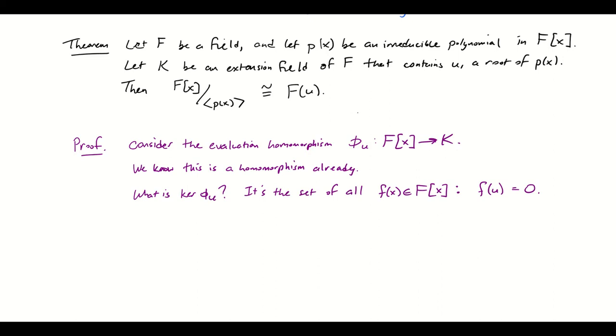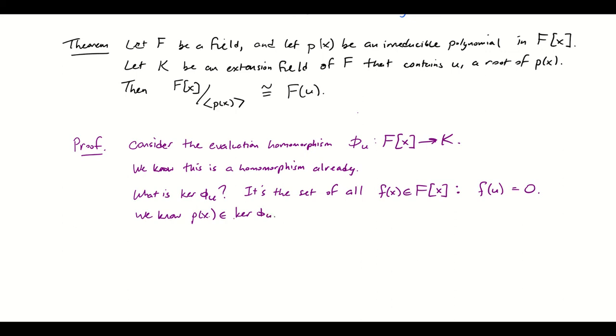And there's at least one polynomial that we know is in the kernel. Well, we know the 0 polynomial is in there, but that's not that interesting. There's an interesting polynomial that we know is in the kernel, and that is this p of x, because what was u? We defined u to be a root of p of x. So we know p of x belongs to the kernel of this map.